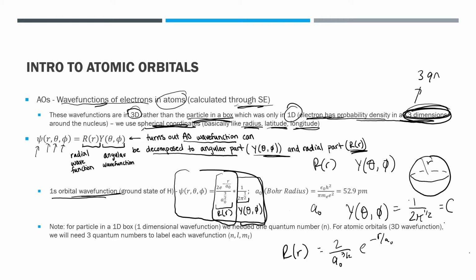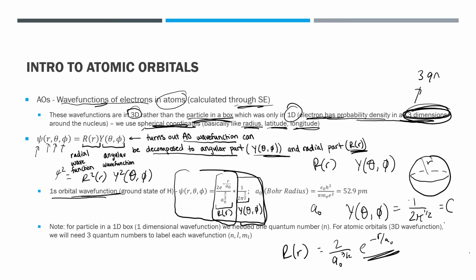Because this is in a 1s orbital, there's a higher probability you find the electron close to the nucleus than far away from the nucleus. And that's represented with our R of r, because remember that probability density is given by psi squared. So if we square this function, there's a dependence on R squared, right? So R is also telling us something about the probability density.